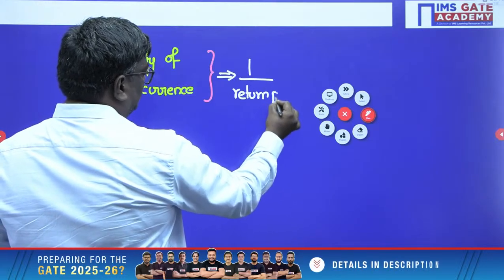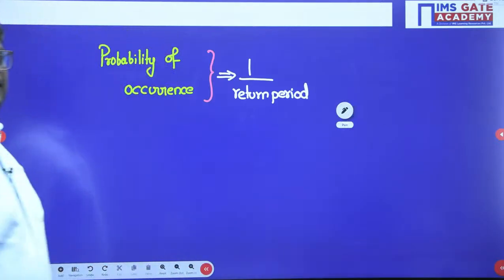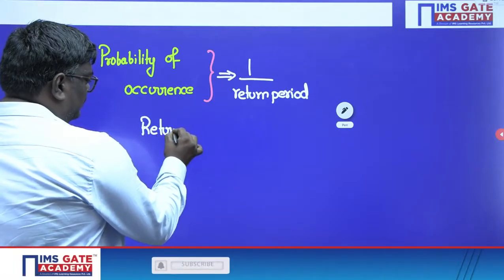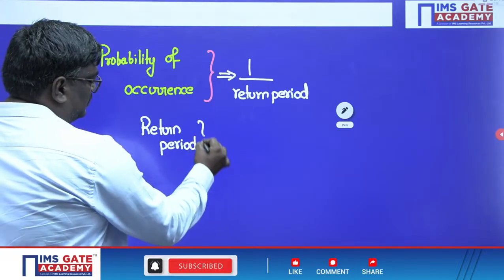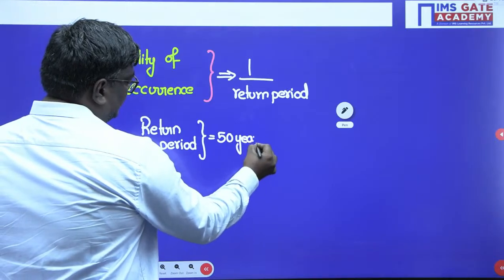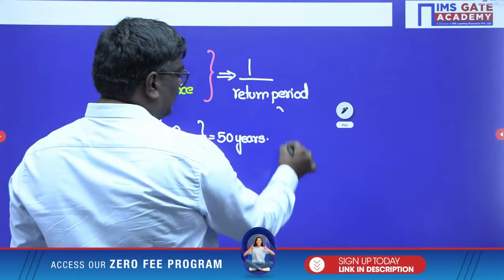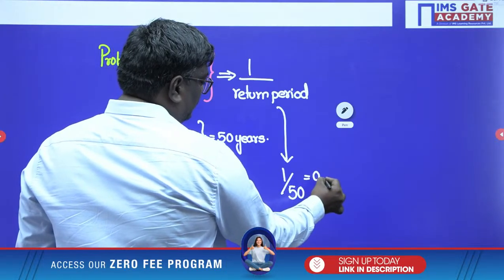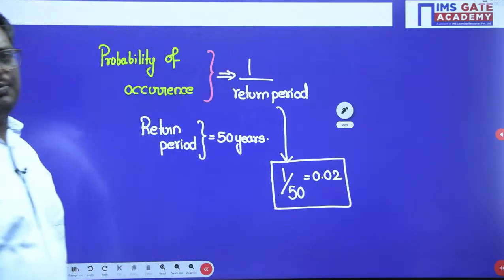So, what is the return period we have? Return period is given as 50 years. So, here 1 upon 50 is 0.02. So, the probability of occurrence is 0.02.